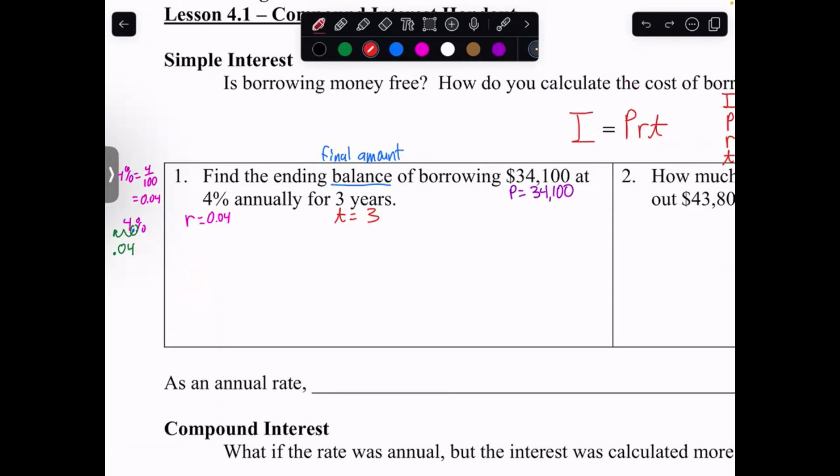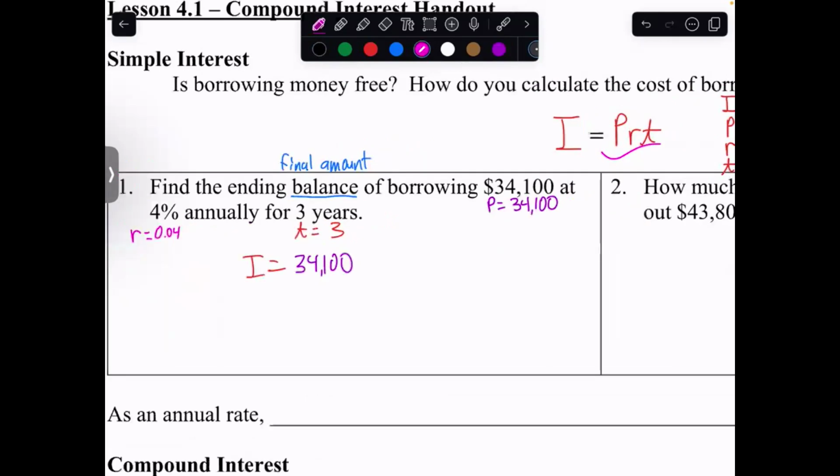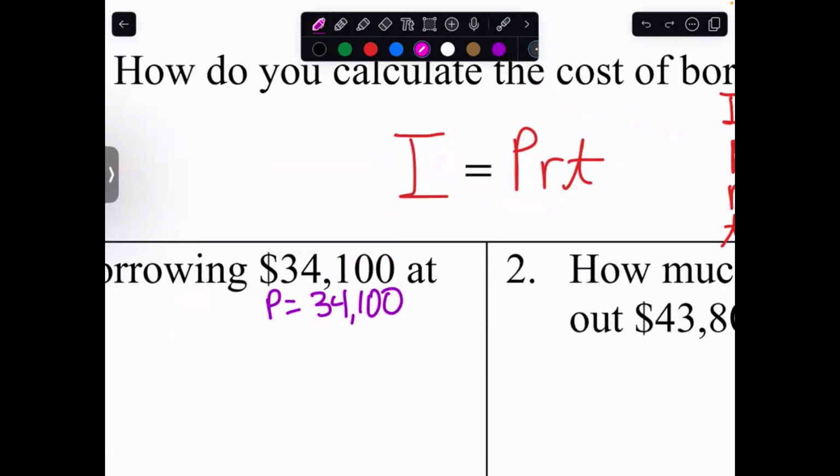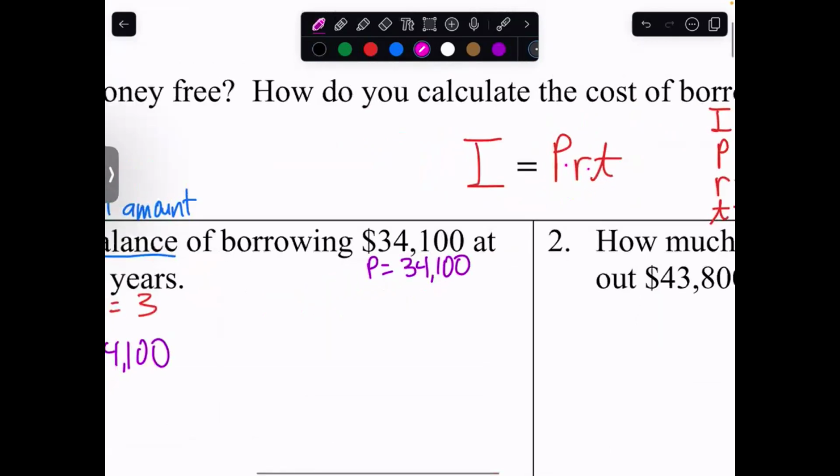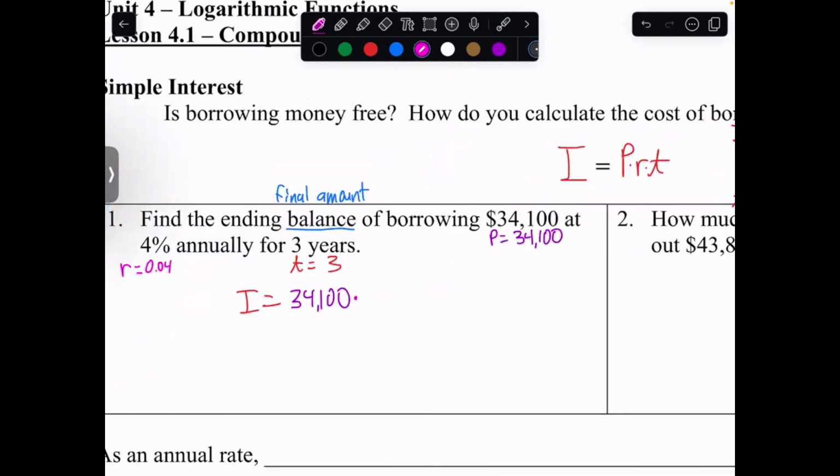We don't know the interest, so we'll leave that as capital I. But capital P, the principal, is 34,100. And when letters touch without symbols, they're multiplying each other. So we multiply that by the decimal form of the interest rate, times 0.04. And then you also multiply that by the number of years, which here is 3.